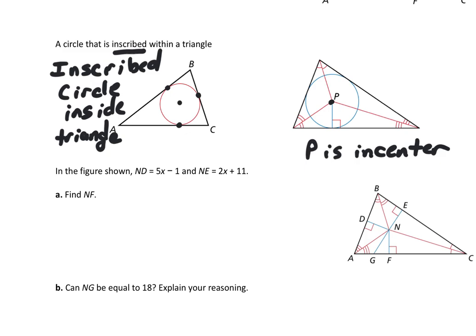One thing that will be true is when I take P and I go to the vertex, then it's going to bisect that angle. So it bisects it here, and it bisects it here. All three of these angles may not be the same, but all three of them would be bisected, okay? And that's the one thing you should notice. Now, when I draw P down to the side, I'm going to draw it in perpendicular, okay?